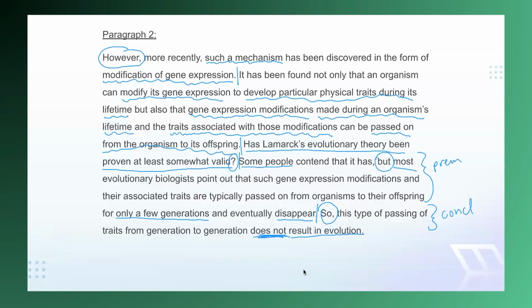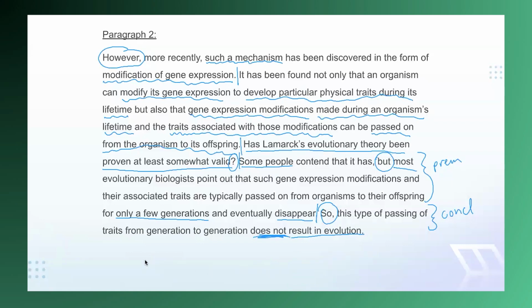All right, let's put the pieces together. There is a mechanism, gene expression modification, that seems like it would support Lamarck's theory. However, it doesn't. And that's because the genes only persist a few generations, and that means it does not result in evolution, which is an important thing for an evolutionary theory.